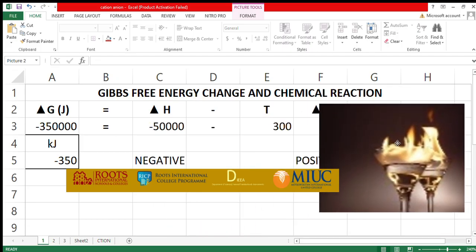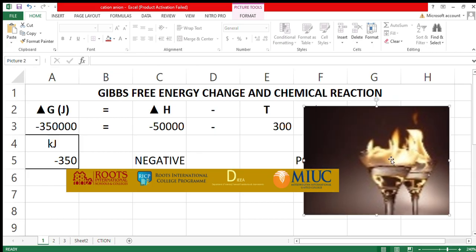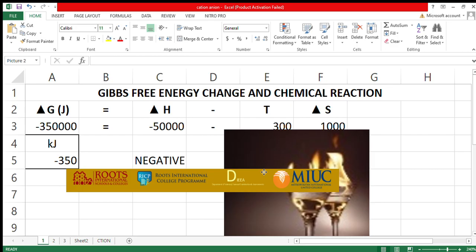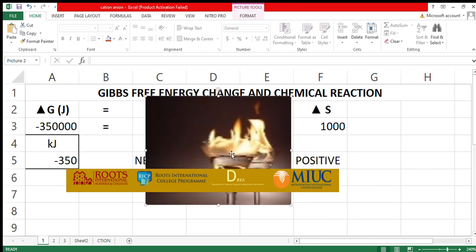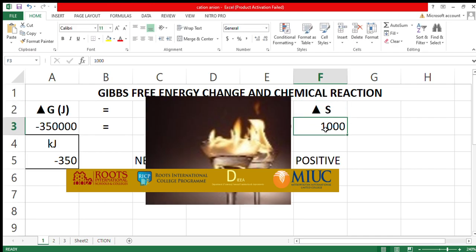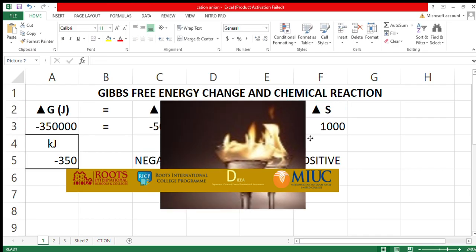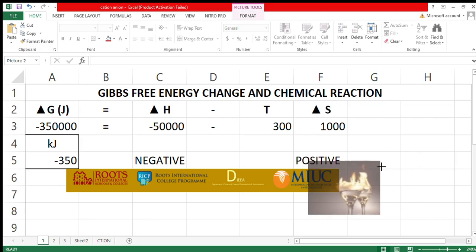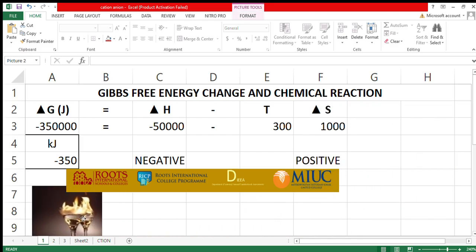Look here, because the heat is given out, the enthalpy change is negative, and because some liquid is turning into gas, the entropy change is positive. So such chemical reactions are very feasible.